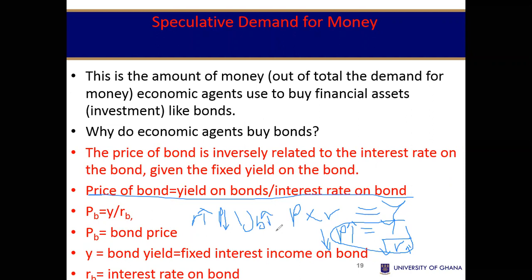And this resulted in a decrease in the demand for money. So when we connect these two, when interest rate went up, the demand for money fell. So there's an inverse relationship between the interest rate and the demand for money.